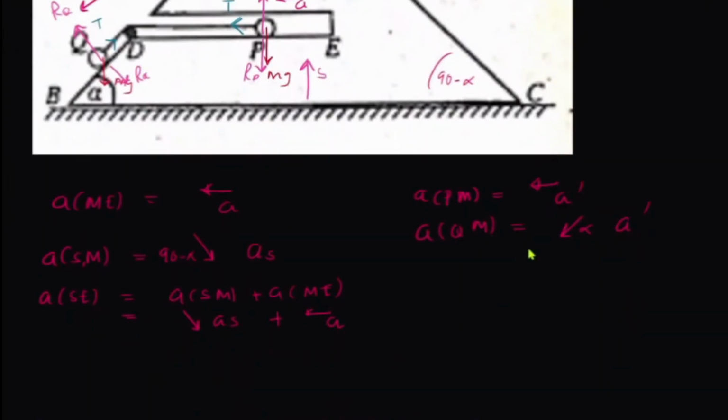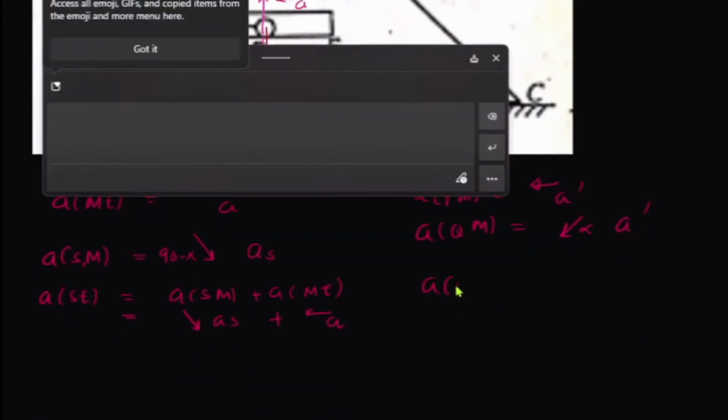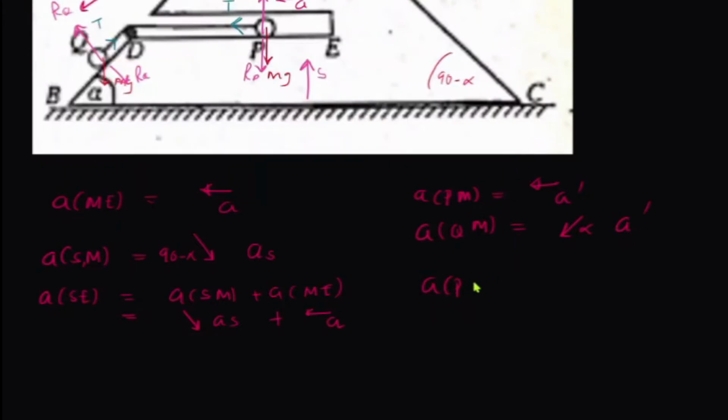So now you can write the acceleration of P relative to Earth as well. Acceleration of P relative to Earth, you can write the equation in the same way. I'm not gonna rewrite it: A dash and acceleration A. Acceleration of Q relative to Earth you can write in the same way: this direction A, and it's moving in this direction, alpha A dash, right?